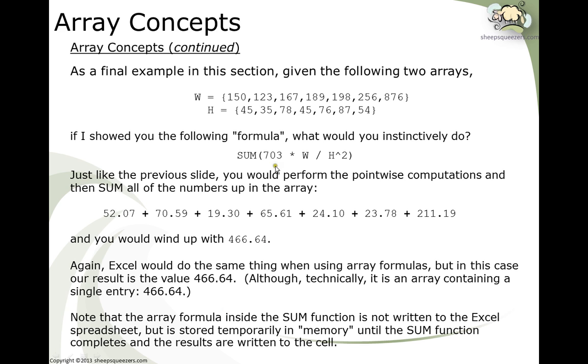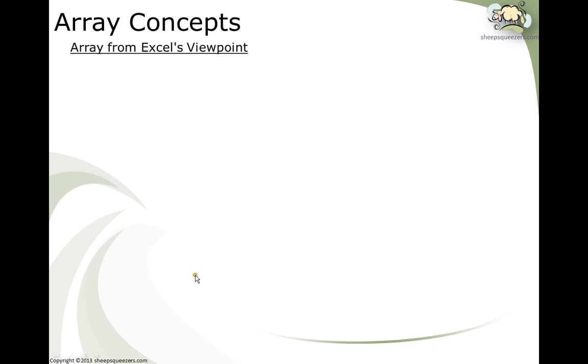That is, there is no place where 703 times W divided by H squared is written. There's no column containing that. It's only in memory where that is stored. Then the sum function acts on this data stored in memory, and then the final result, 466.64, is written into a cell.